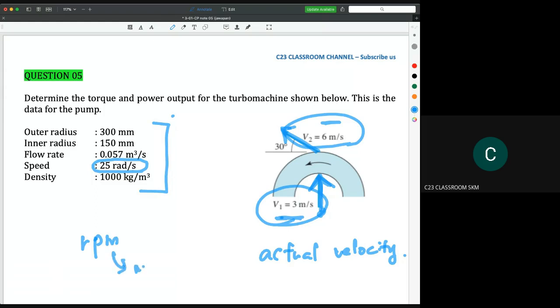So M here is for minutes. So you need to really understand the meaning, and please use the suitable equation. And 1000 kilogram per meter cube is the density for water. I think you already know this.